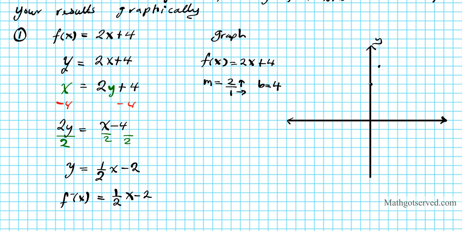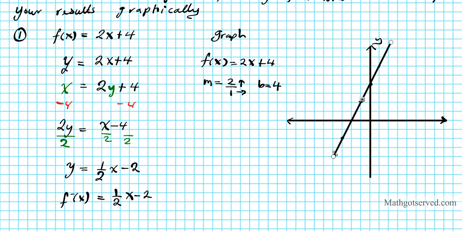To create more points, I can go back down 2 and back 1, again and again. The more points I have, the more accurate it is. There go the points that define the line f of x. Let's draw our line through the points. So there goes f of x.